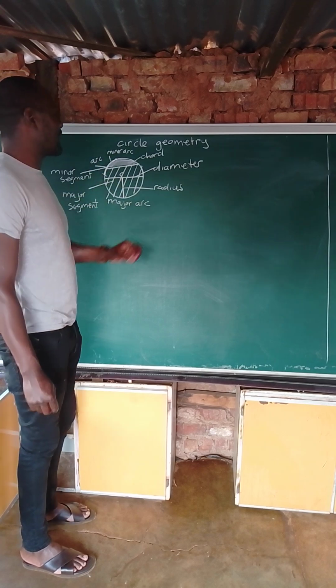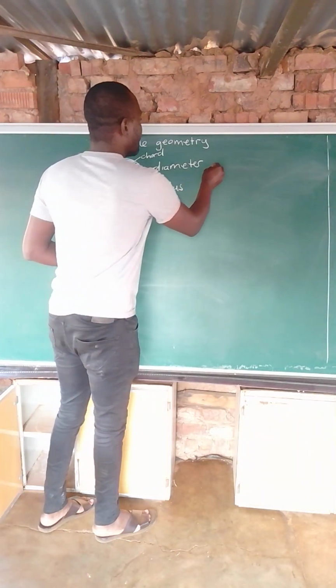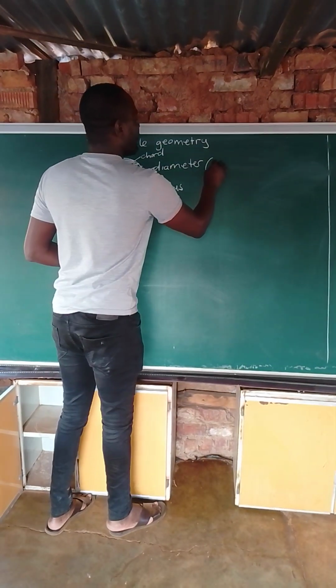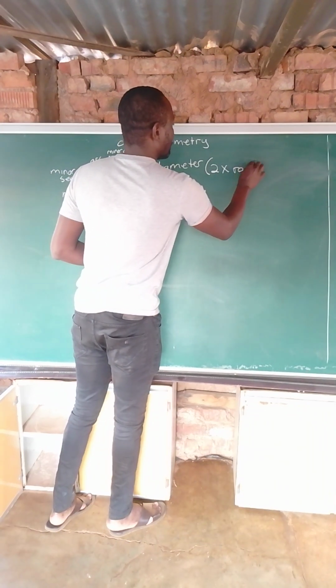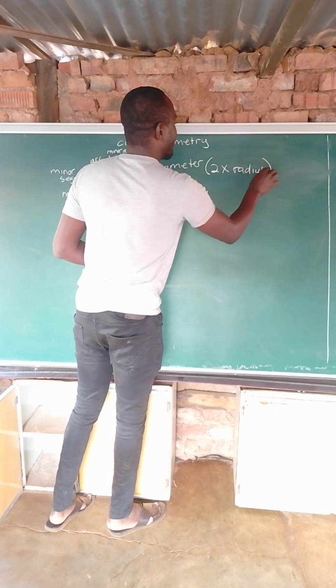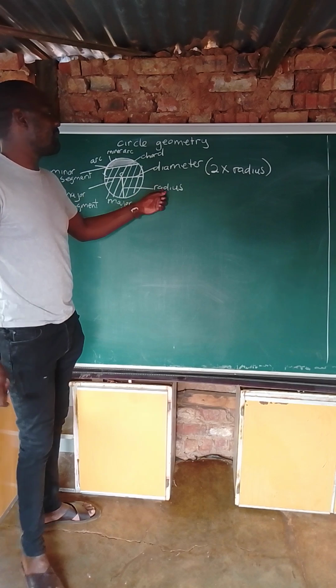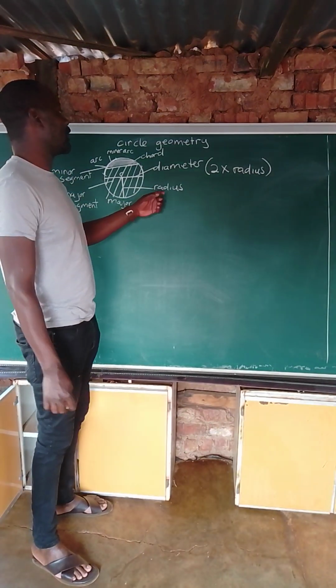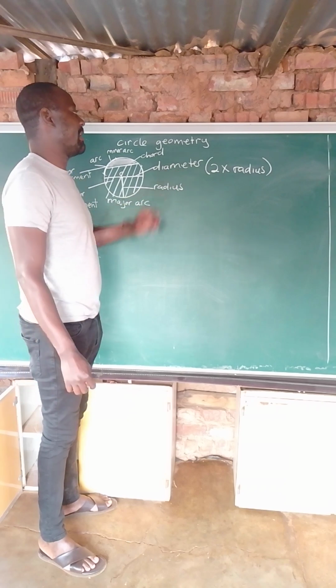Right. The other thing we need to know: a diameter is 2 times the radius. So whenever you know the radius, you can find the diameter.